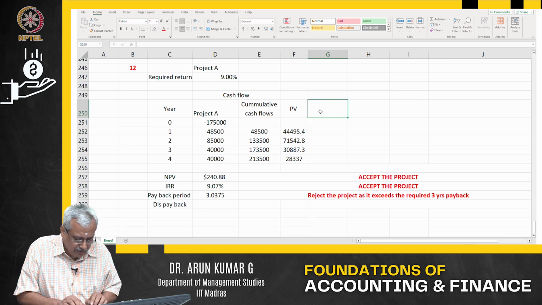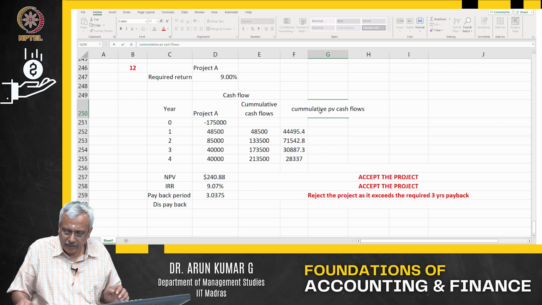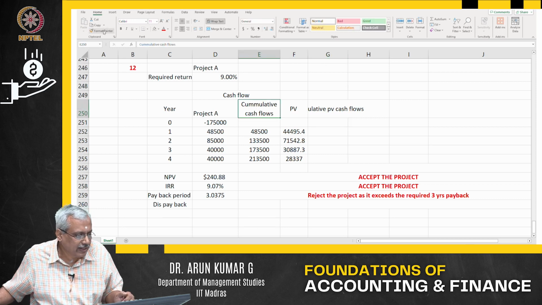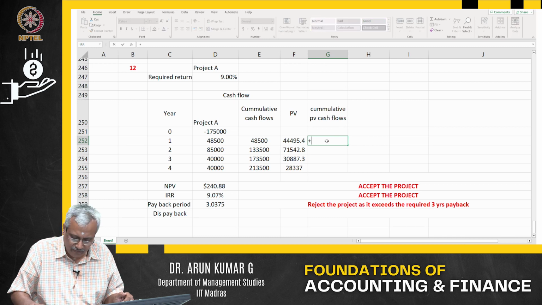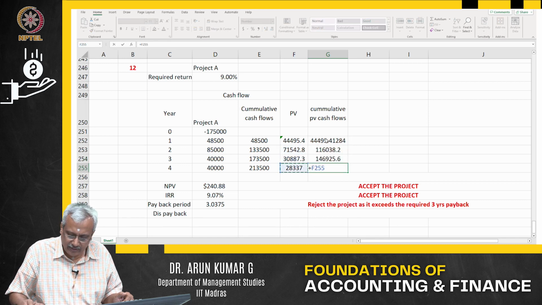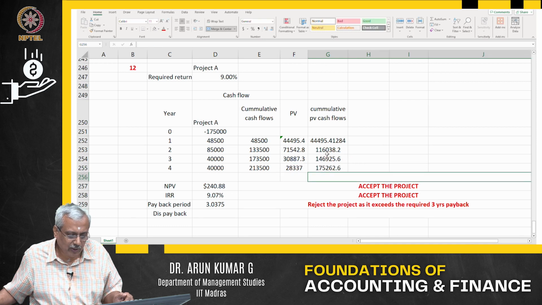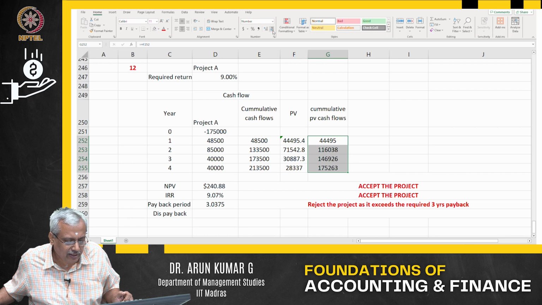So, cumulative of the PV of the cash flows is what we are looking at calculating here. First year is the same. Second year, this plus this. Third year is this plus this, and fourth year is this plus this. If you look at it, it's going to be slightly higher.